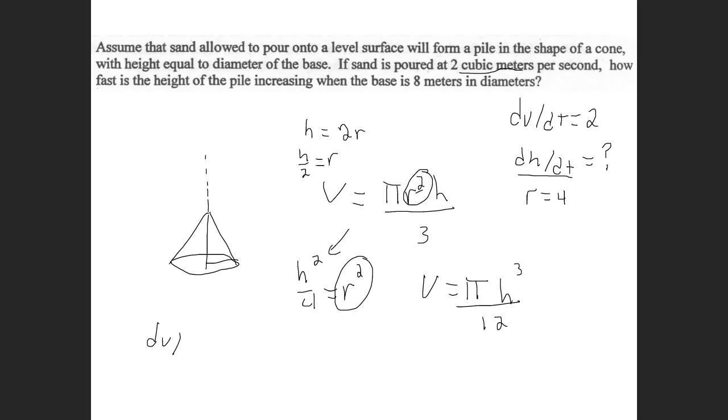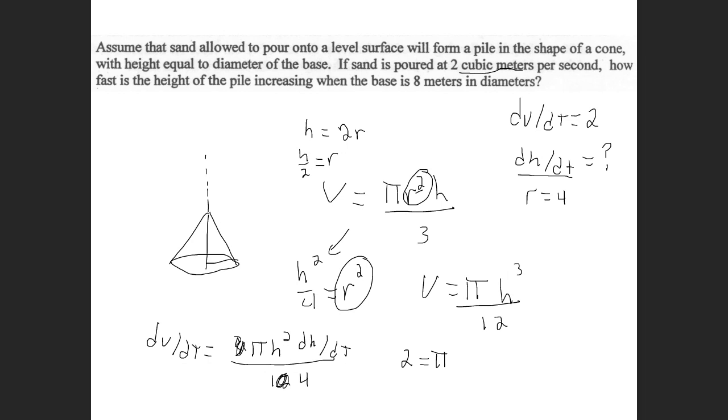I've got dV/dt is equal to, bring the 3 down, 3 pi h squared dh/dt over 12. I'm going to simplify. I'm going to make this a 4. So far, so good. I'm looking for dh/dt, so I don't know this. I do know this, dV/dt, that's 2, is equal to pi h squared.